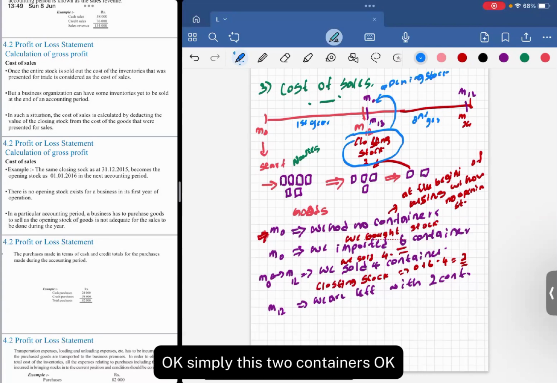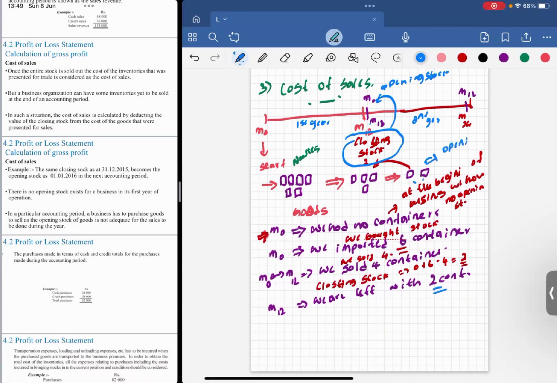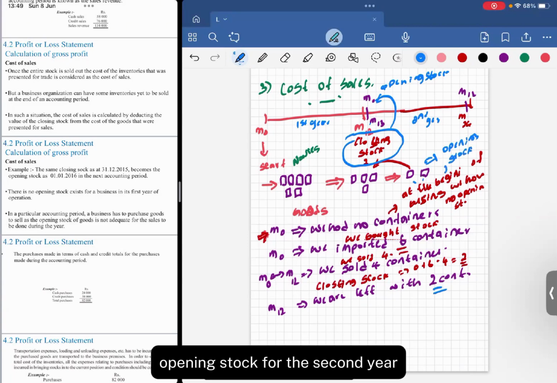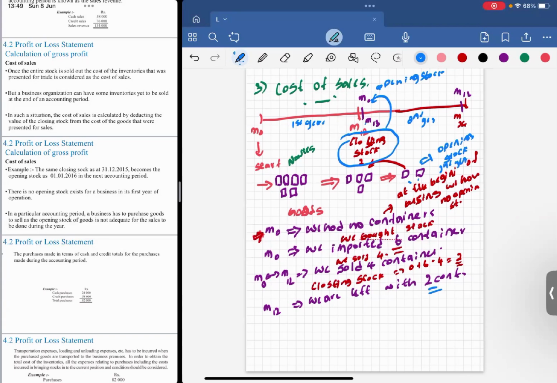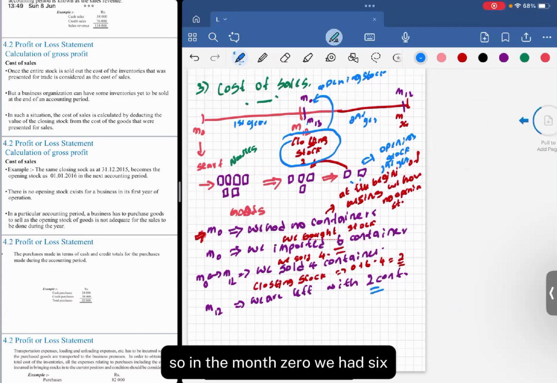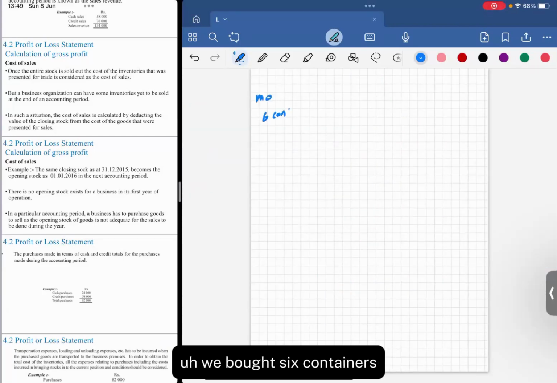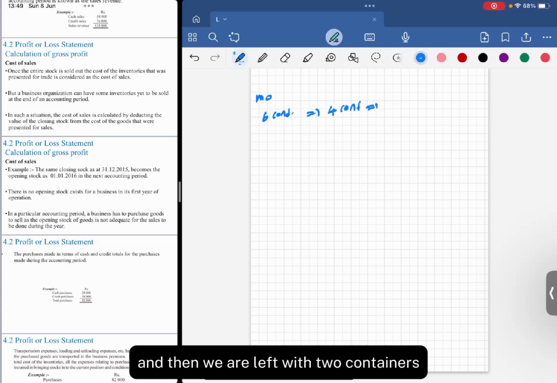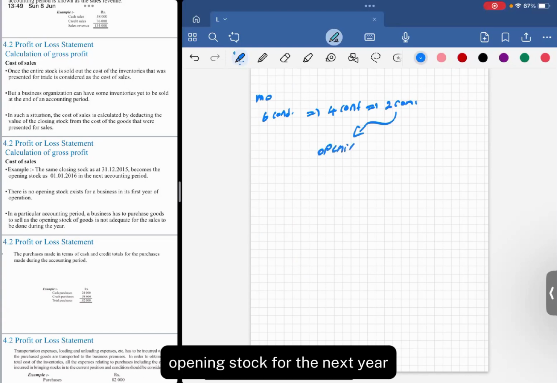Simply these 2 containers become the opening stock for the second year. So in the month 0, we bought 6 containers, and then we used 4 containers, and then we are left with 2 containers, and these 2 containers become the opening stock for the next year.